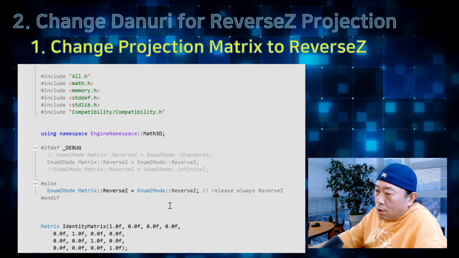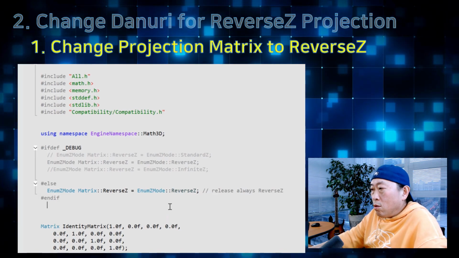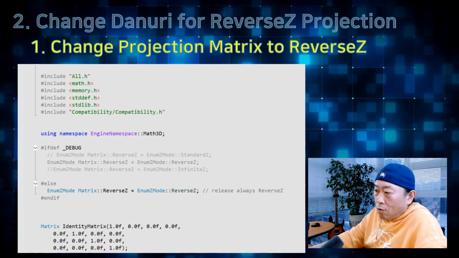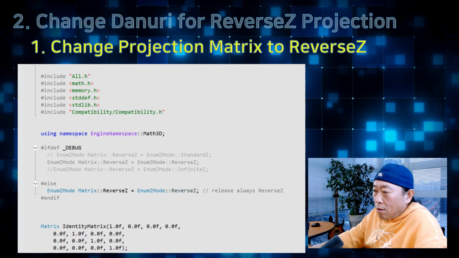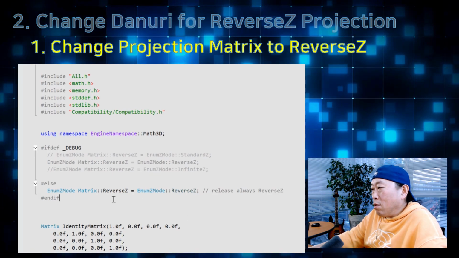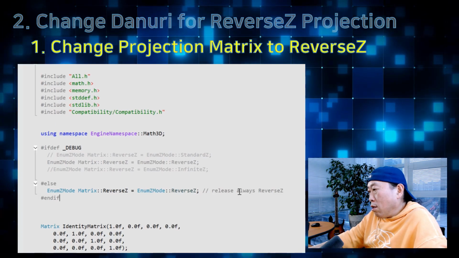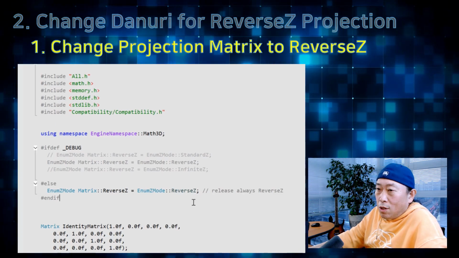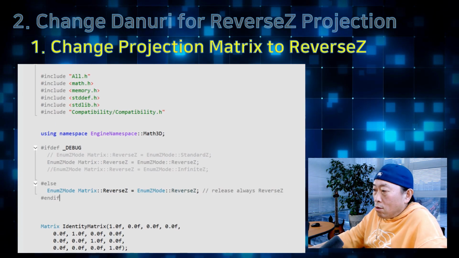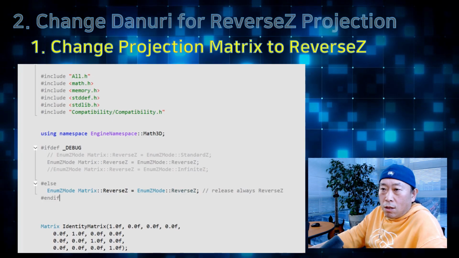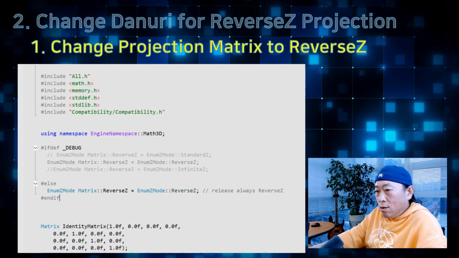First, I thought that this could be changed while the engine is running, at runtime, but I found that this is impossible because if this changes, the shader must be recompiled. So this flag cannot be changed at runtime.